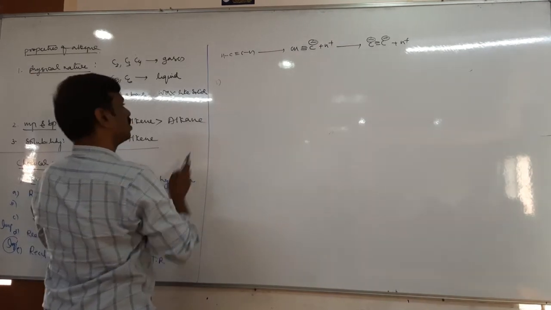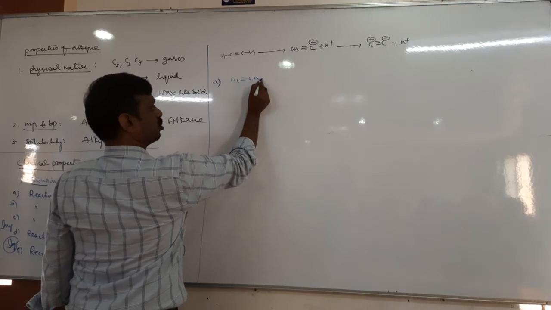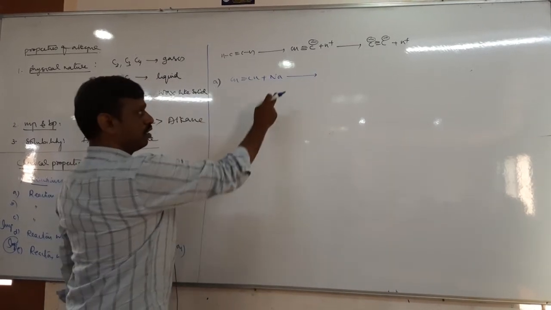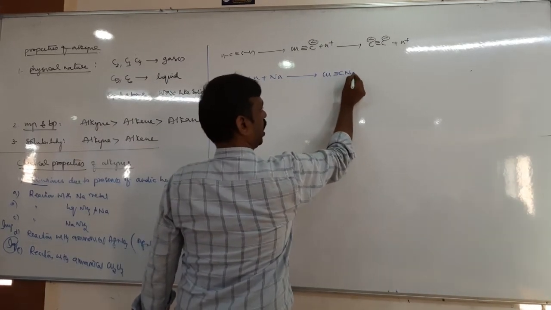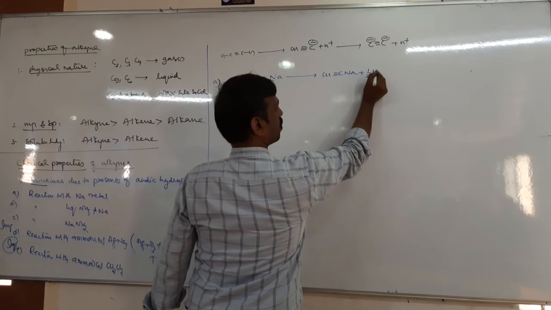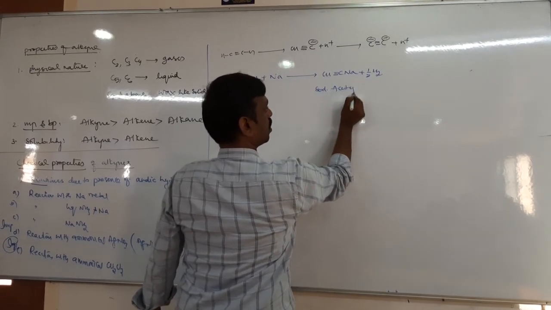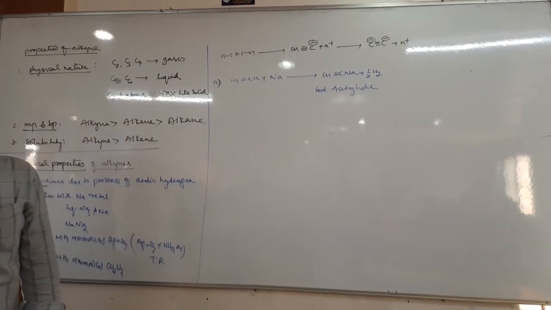Let us take CH≡CH reacting with sodium metal. What does it form? This hydrogen is replaced by sodium, and we get CH≡C-Na plus half H2, which is called sodium acetylide.